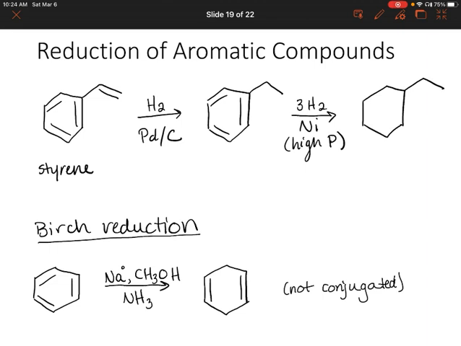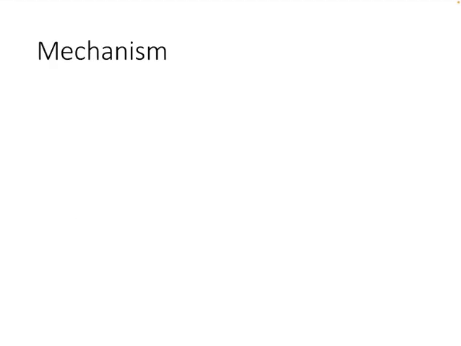So let's look at the mechanism in a little more detail. And the mechanism will be pretty similar to our dissolving metal reduction, where we turned the alkyne into a trans alkene. Okay, so let's start with our benzene ring.